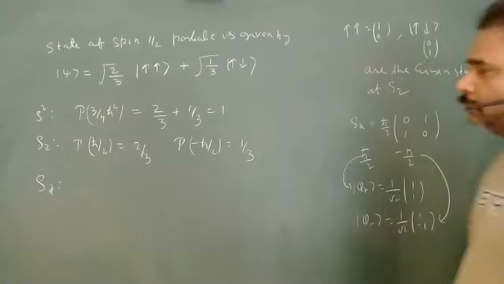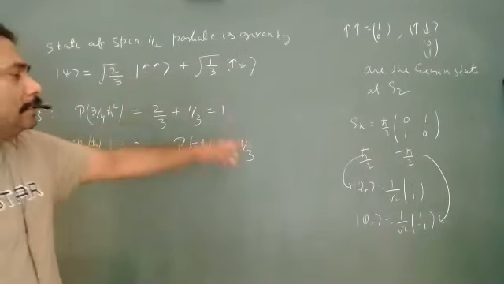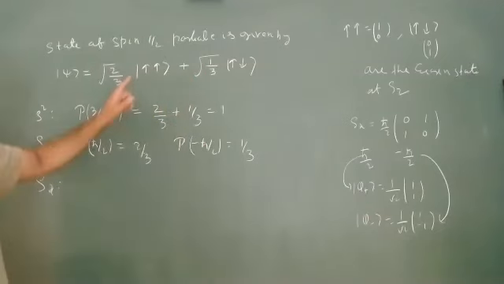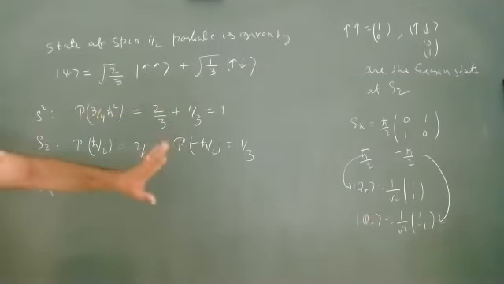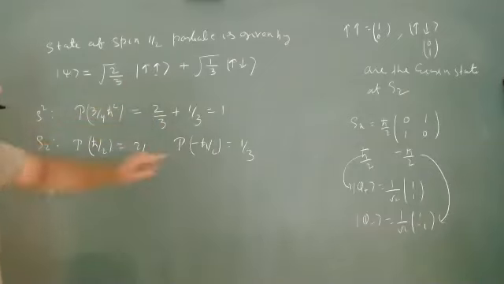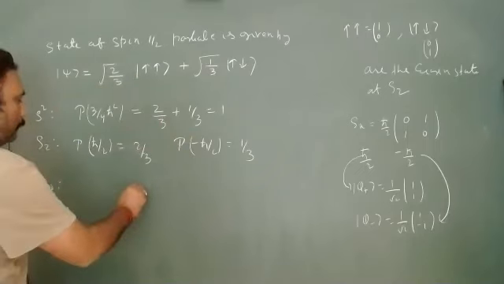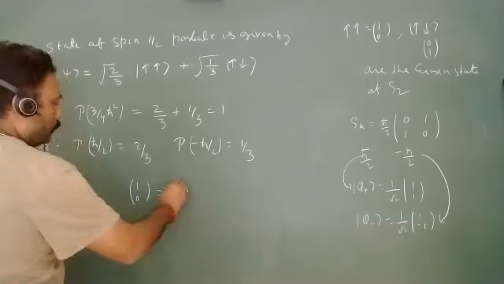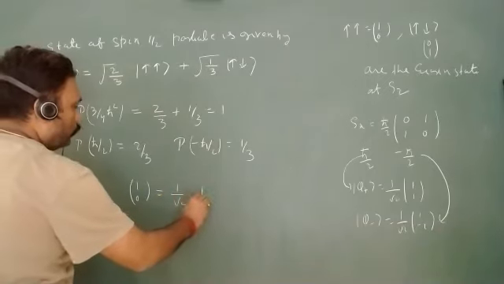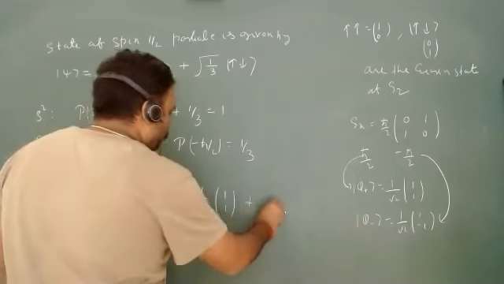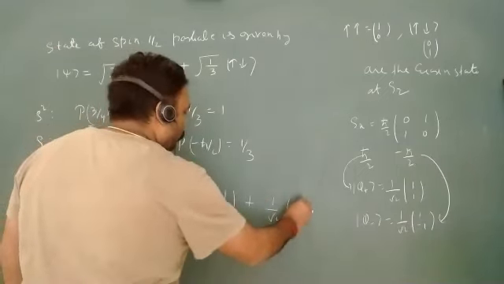So what you have to do? Either you write this whole thing in the basis of phi plus or phi minus. And what is your up? Look at, I am just giving you the complex part of this problem. So you have to write up as nothing but 1, 0, which is 1 by root 2 times 1 by root 2 (1, 1) plus 1 by root 2 times 1 by root 2 (1, minus 1).